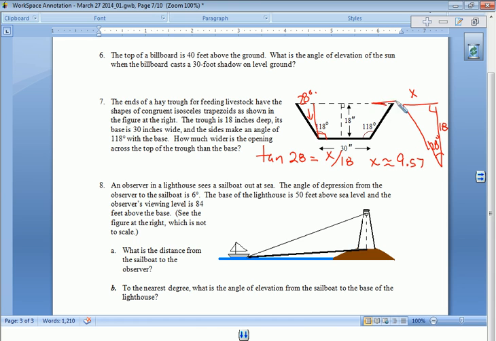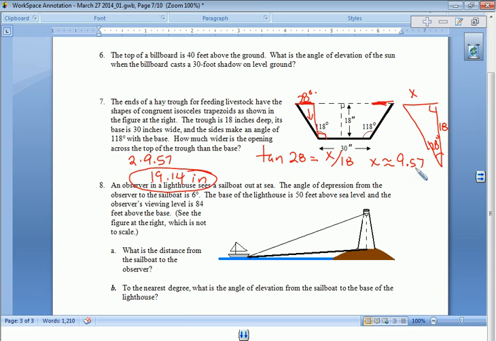But we have 2 of those. We have one over here and we have one over there. So what would we do with that? Double it, add them together, and so we get 19.14 inches is how much longer, wider, whatever, the top of the trough is than the bottom. I added back to 30, got 40. That's only got one. I didn't follow the directions. Yeah, you answered your own question.